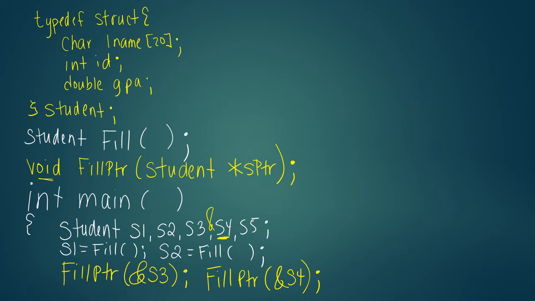All right, so now let's implement the functions. Let's do the fill function first, which has the student return type. We've already done this in a previous slide. Very quickly, the return type is student and the name of the function is fill. What this is going to do is declare a temporary student, and it will prompt and fill the fields one at a time.